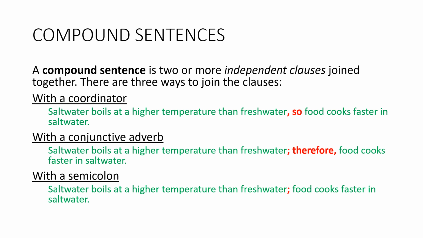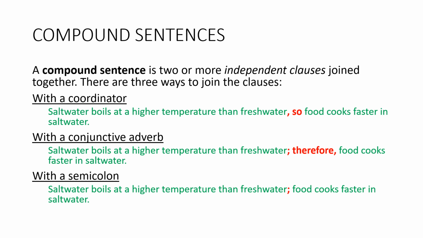A compound sentence, this is the second type of sentence. A compound sentence is two or more independent clauses joined together. There are three ways to join clauses: with a coordinator. For example, salt water boils at a higher temperature than fresh water, so food cooks faster in salt water. We can join clauses with conjunctive adverbs.